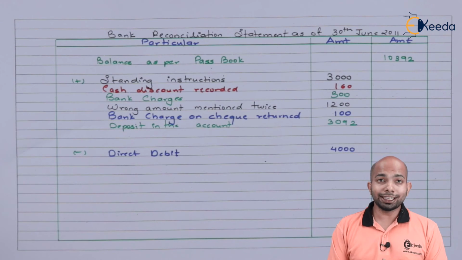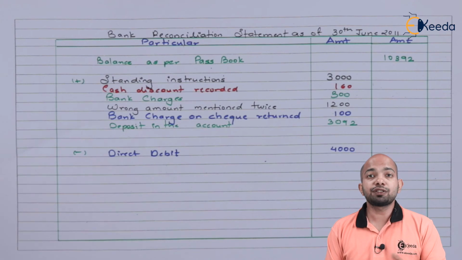So we have mentioned all the items that are supposed to be added and subtracted. Let's figure out the balances here.